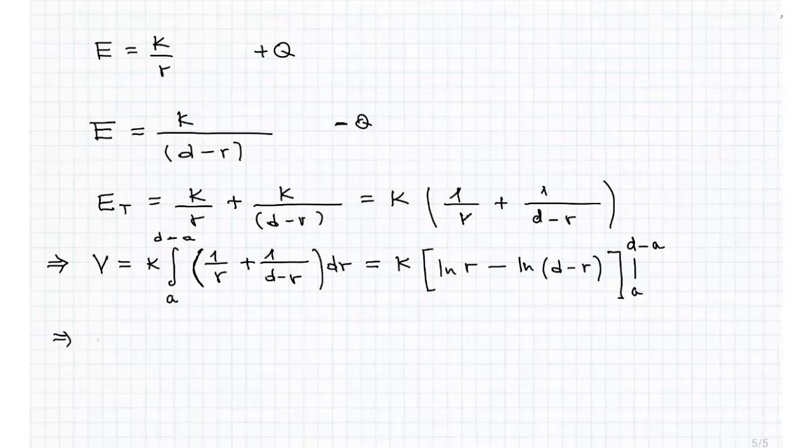The following is the result of this K. This one goes from d minus a to a, and we write log of d minus a minus log of a. And now I evaluate the limits on the second term.